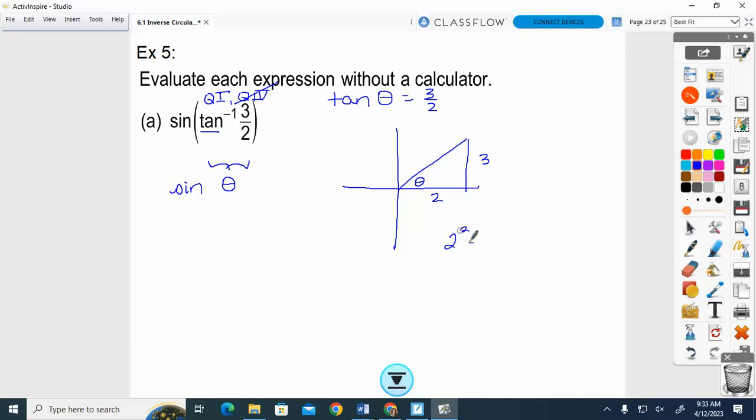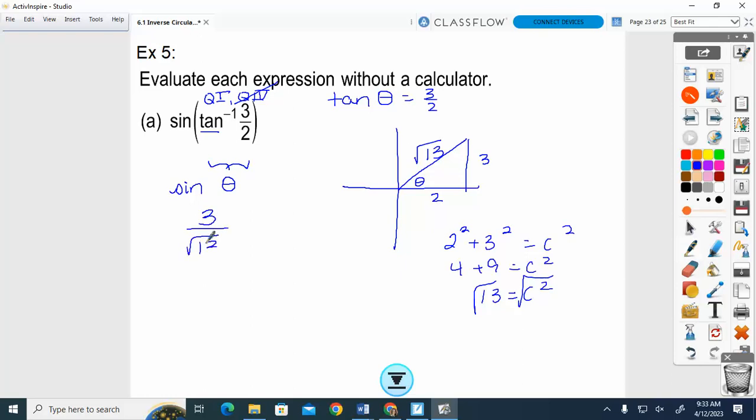A squared plus b squared equals c squared. So my hypotenuse is the square root of 13. I still don't know the angle, but I can now do sine of my angle. Sine is opposite over hypotenuse.